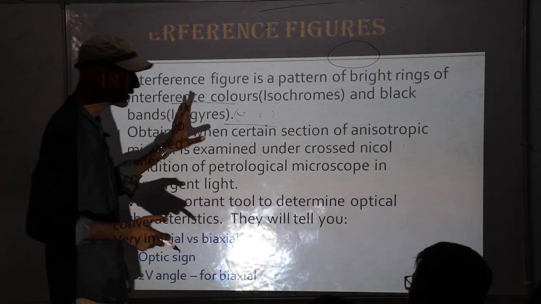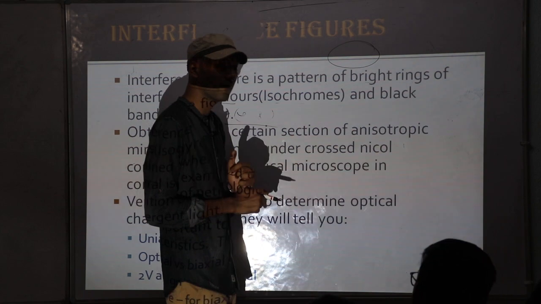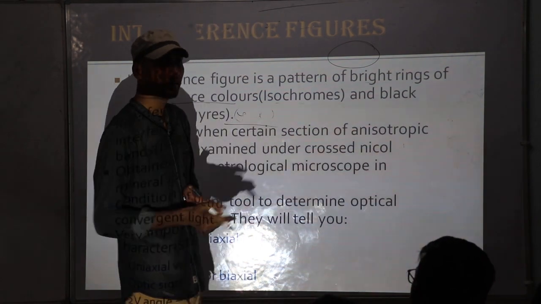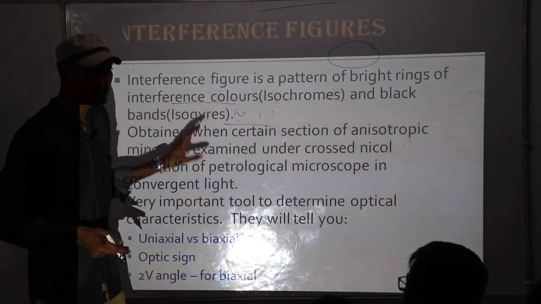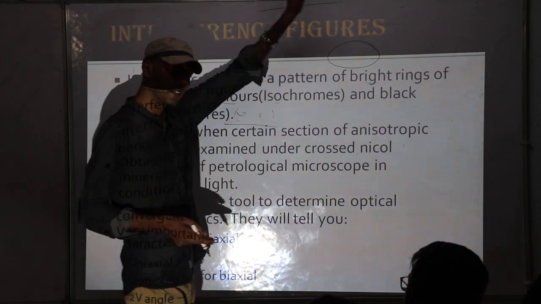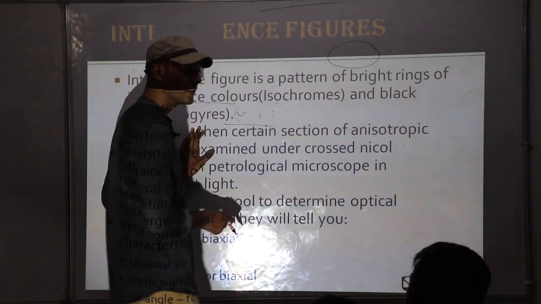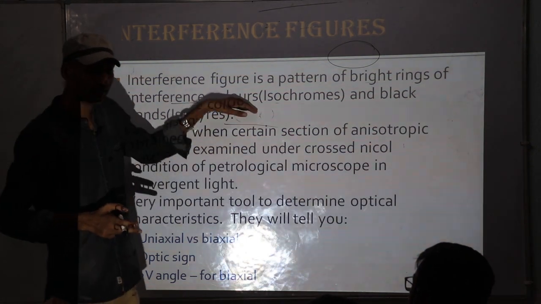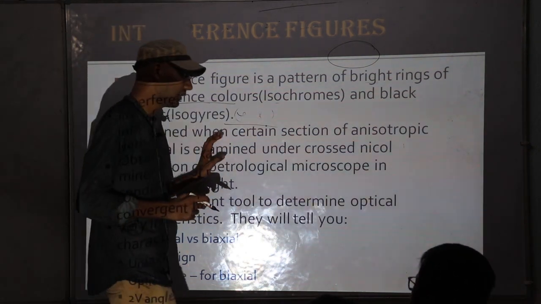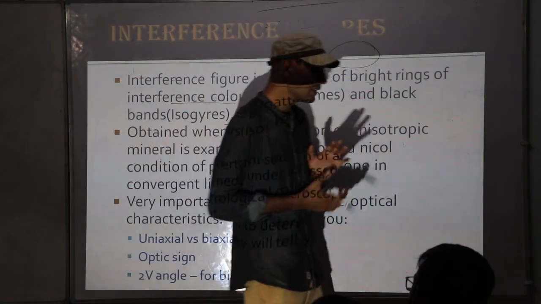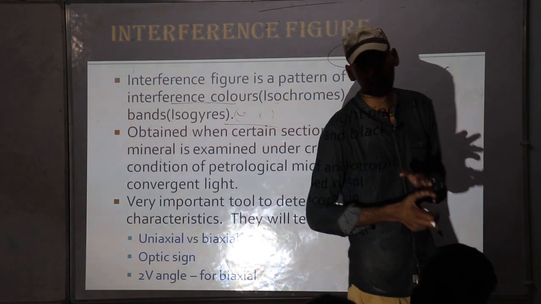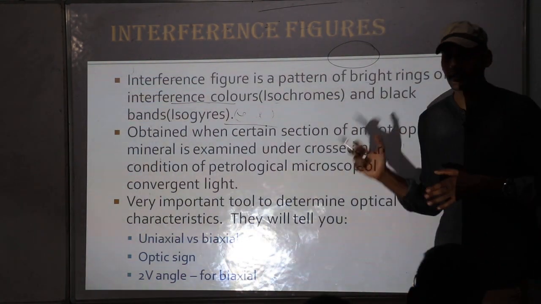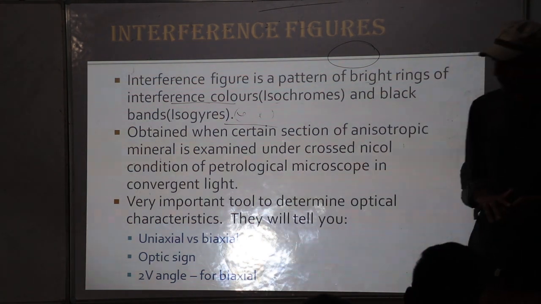As I discussed in the previous class, interference takes place due to the interference of emergent E rays emerging from the analyzer. And extinction is due to the matching of the vibration of the mineral with the upper polar and lower polar. So you can see only interference or only extinction in case of orthoscopic arrangement.